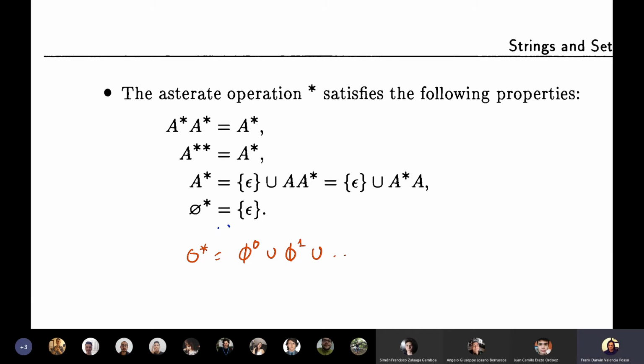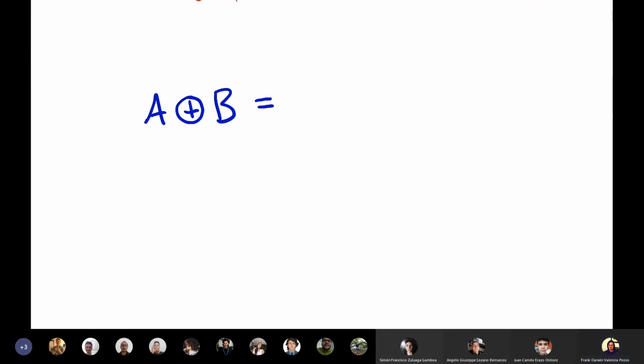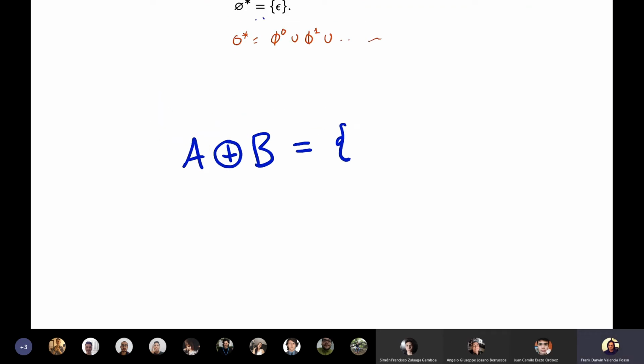It's only sets, so you're going to define this operation. A plus B is equal, in general, to, and A and B are sets of numbers.